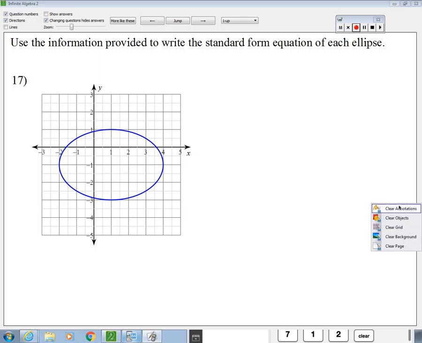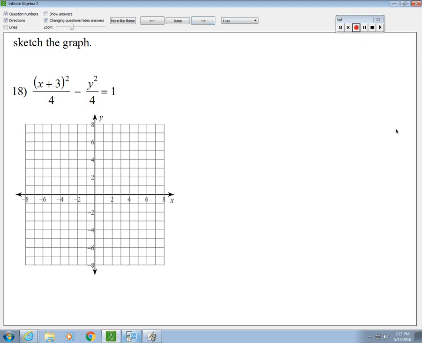Okay, number 18. Sketch the graph. This one looks very similar to the equations that we just did, but what's the difference? Remember in the previous two problems, both of them had a plus sign in the middle, right? Those were ellipses. This has a minus sign in the middle because it's a hyperbola.